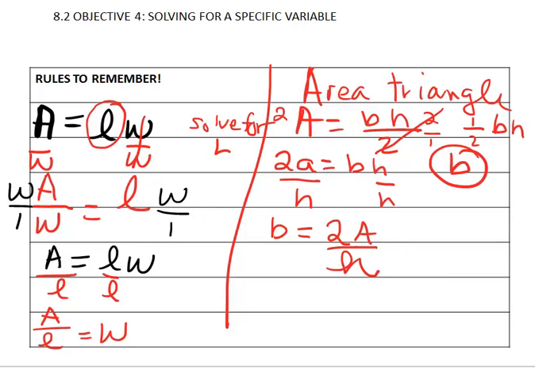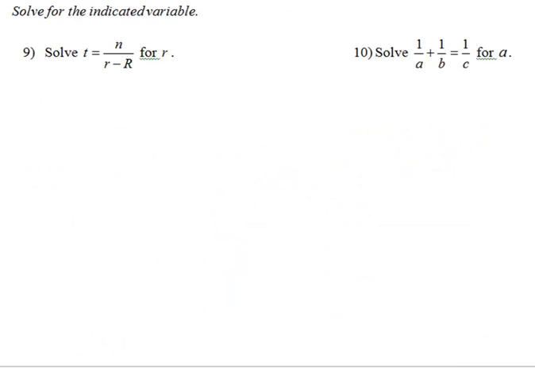So let's take a look at some examples. Here it says, always read the directions, solve for the indicated variable. So they're saying solve for r. And there's r right there. It's my job to get r by itself. So I'm going to start out by rewriting.